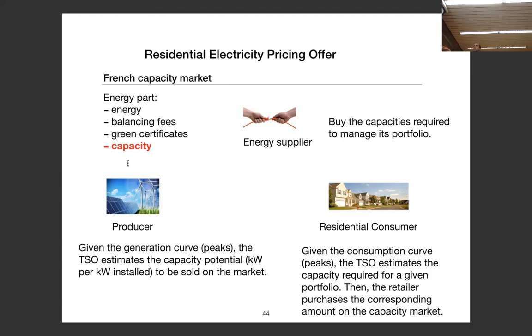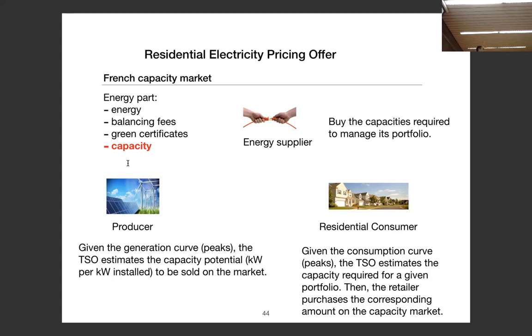On the opposite side, the TSO will look at the energy consumption of the energy supplier and say, depending on the consumption profile of all your consumers, I estimate that you need to buy some capacity. It means that I estimate your consumption profile is very volatile, and sometimes I can see that you have very high peaks of consumption.